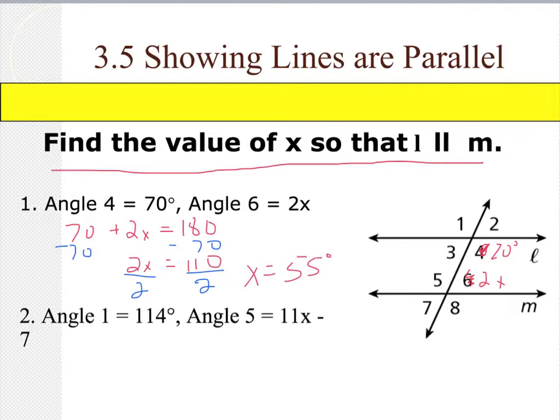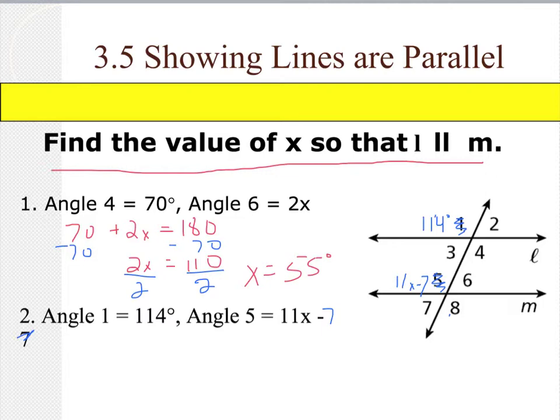Okay, same thing on the bottom one. Notice that it says angle 1, and I'm going to erase here. Angle 1 is going to be equal to 114 degrees. This is 114. And angle 5 is equal to 11x minus 7. It's broken up there. This should have a 7 here. Okay, so we have 11x minus 7.